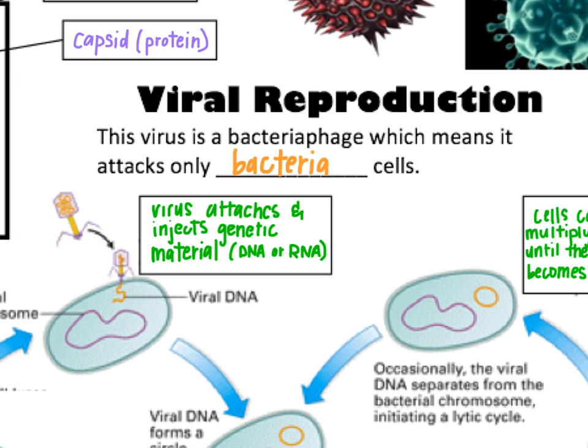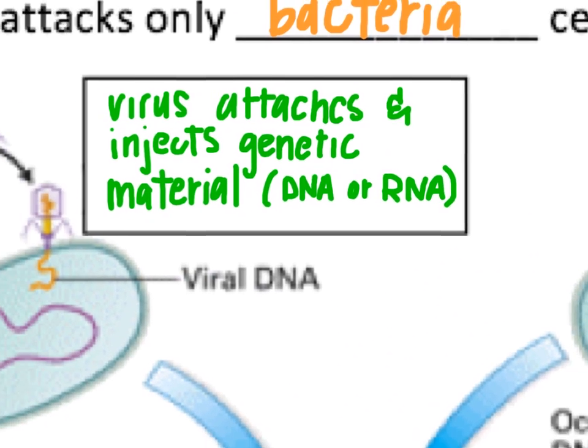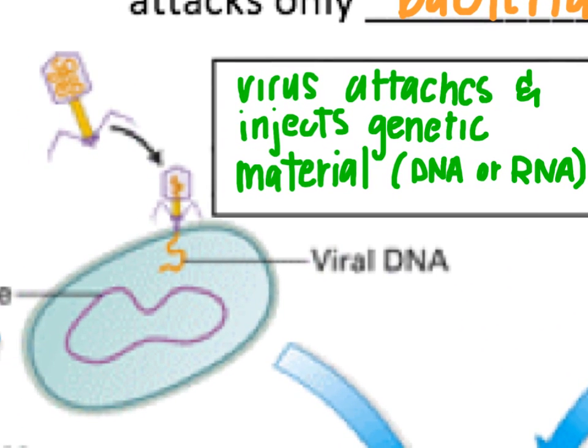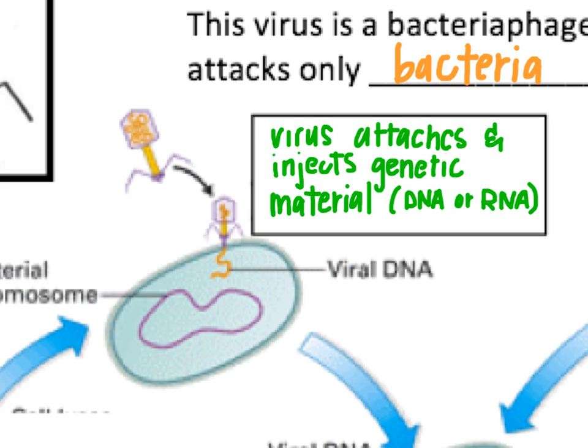Alright, so we're going to start at the very beginning of viral reproduction, where the virus attaches itself to the outside of the bacteria cell, and it's going to inject its genetic material, whether that's DNA or RNA, into the cell. So you can see the yellow viral DNA entering the cell there.